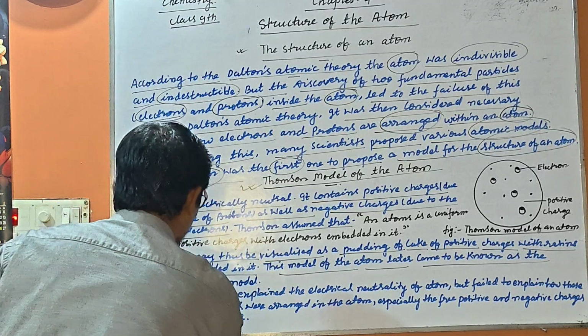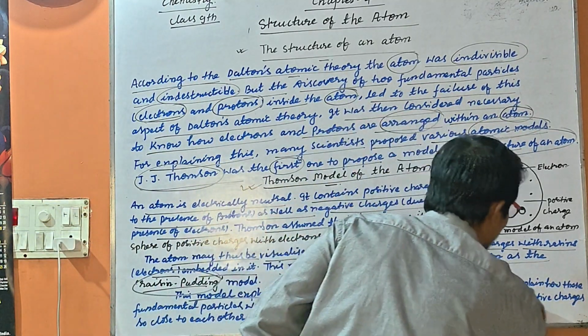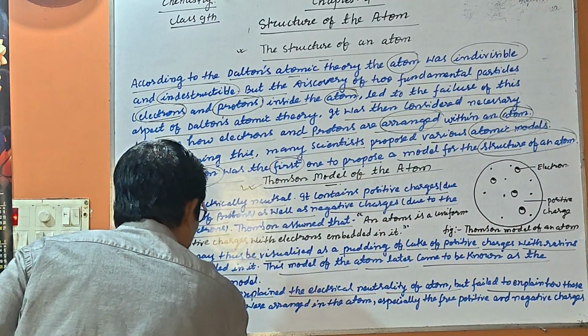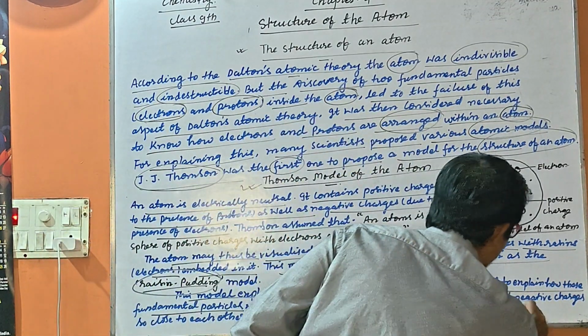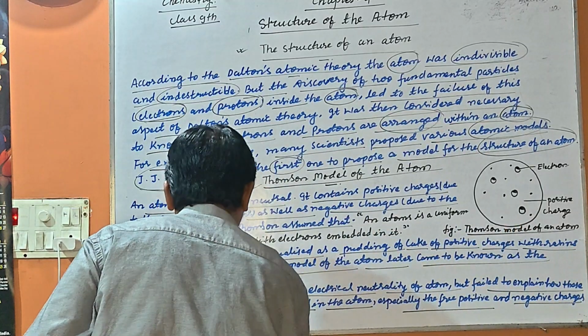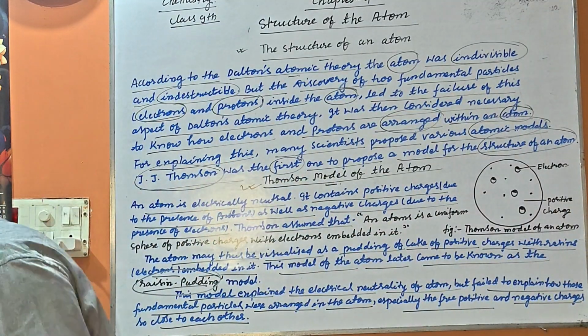This raisin pudding model explains the electrical neutrality of the atom but fails to explain how these fundamental particles were arranged in the atom, especially since the positive and negative charges are close to each other. So let us understand these things in a clear, explanatory way.